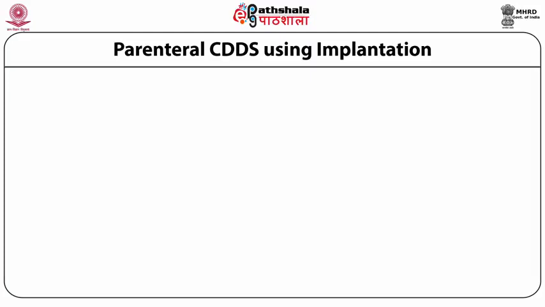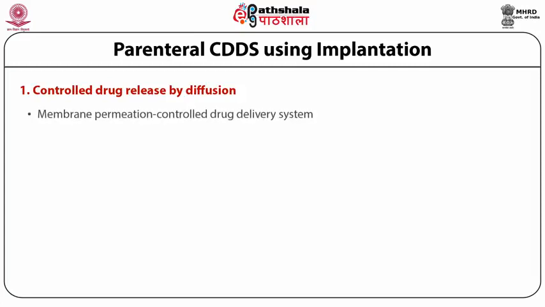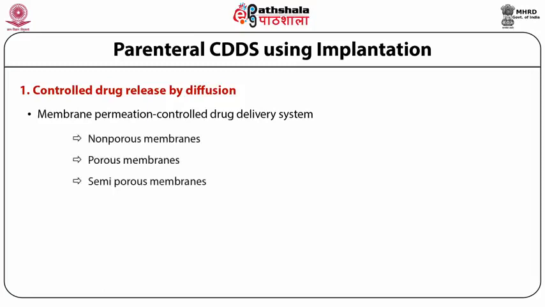There can be a variety of implantable parenteral controlled drug delivery devices, and they can be classified as follows. The first one is controlled drug release by diffusion mechanism devices. Under this we can have membrane permeation controlled drug delivery systems, wherein they can use a non-porous membrane, a porous membrane or a semi-porous membrane.